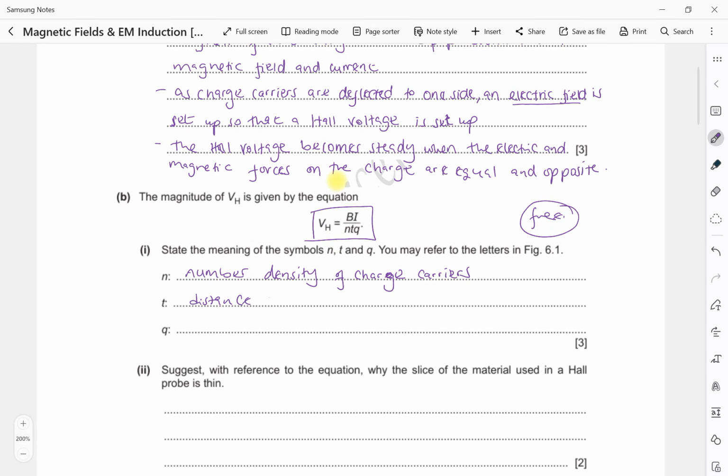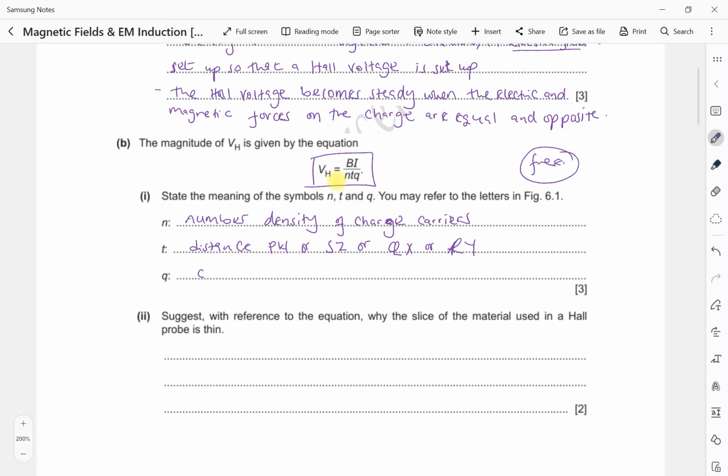I will say PW, or the distance SZ, or the distance QX, or the distance RY. That is the thickness. Then Q is the charge on each charge carrier.